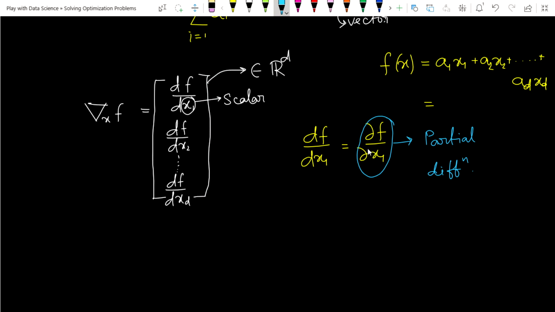Partial differentiation means that for a function we have more than one variable, and we are differentiating the function with respect to one variable. And the capital del, in Greek called capital del, means we are using vector differentiation. The resultant of vector differentiation is also a vector.